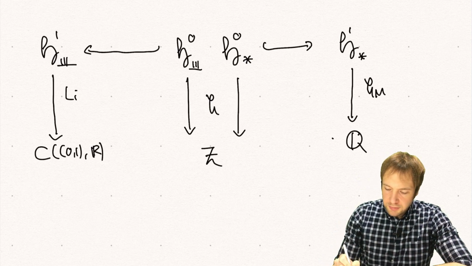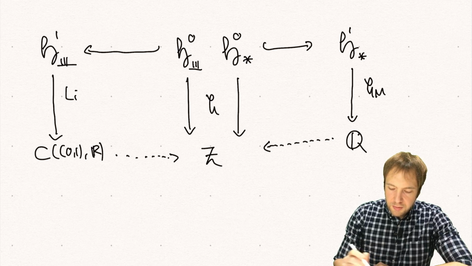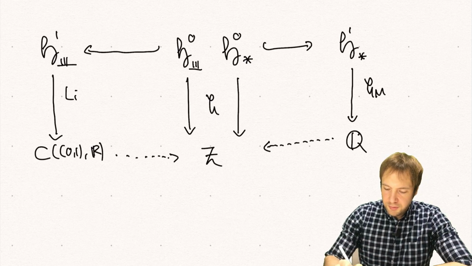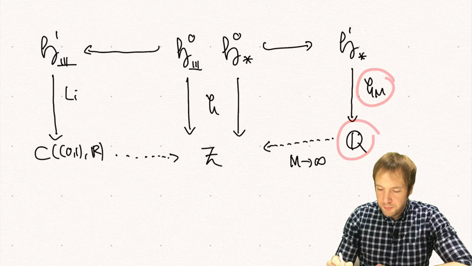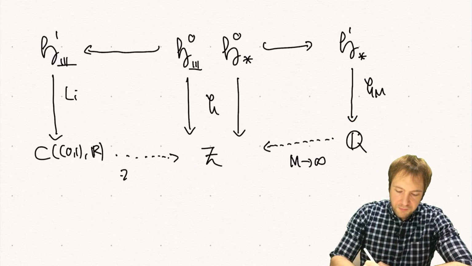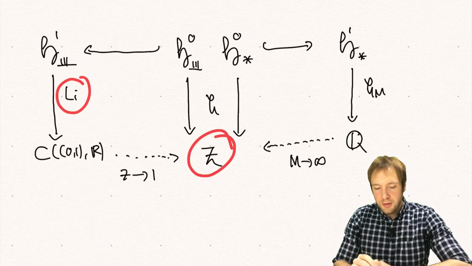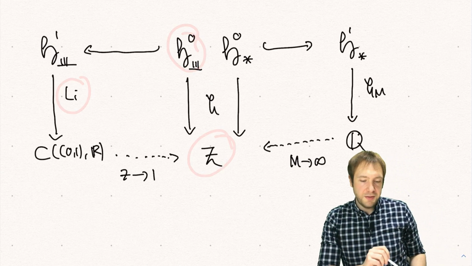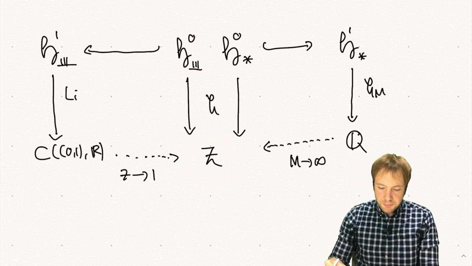And somehow here, this is not really a map, but if we send m to infinity, of course it doesn't make sense for a rational number, but if we take the limit as m goes to infinity of the zeta_m of 1, we end up here at the multiple zeta values, and if we send z to 1 of the polylogarithm, in the case when we start in H0, we also get back these multiple zeta values.